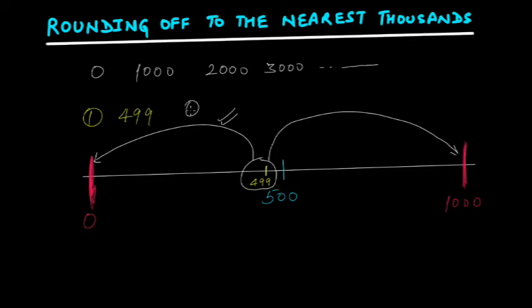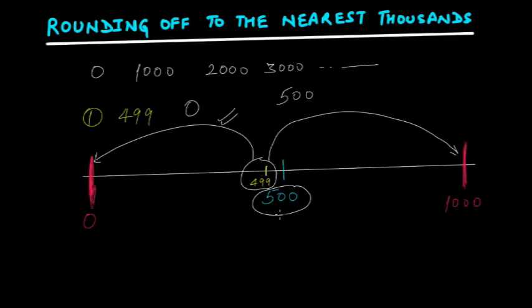Okay, what if you were asked for 500? Same concept: if your number comes in between the two multiples, like 0 and 1000, if you have the number 500, or any number which comes exactly in between the two closest multiples of tens, thousands, or whatever it is, then it will always go for the next one.